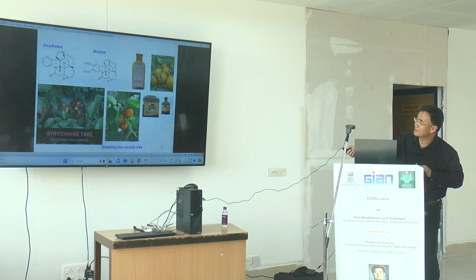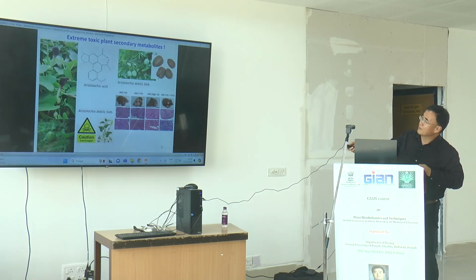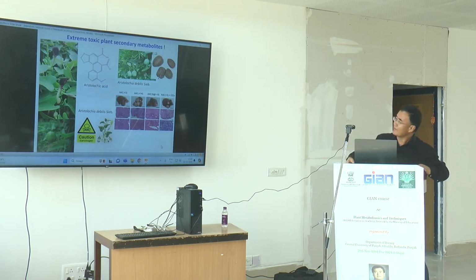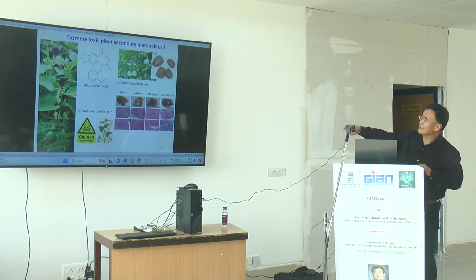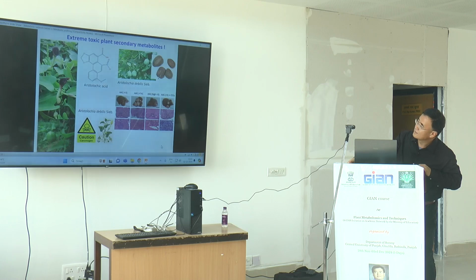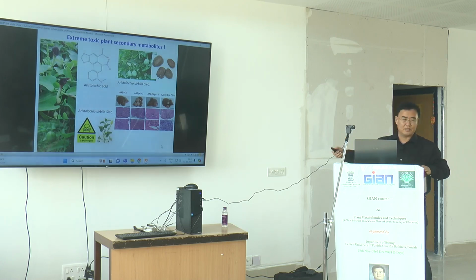Recently, they also demonstrated the biosynthesis pathway and reconstructed the pathway in tobacco, benzyana. So this is another compound, erythropoietin. It is also an alkaloid, but very toxic.